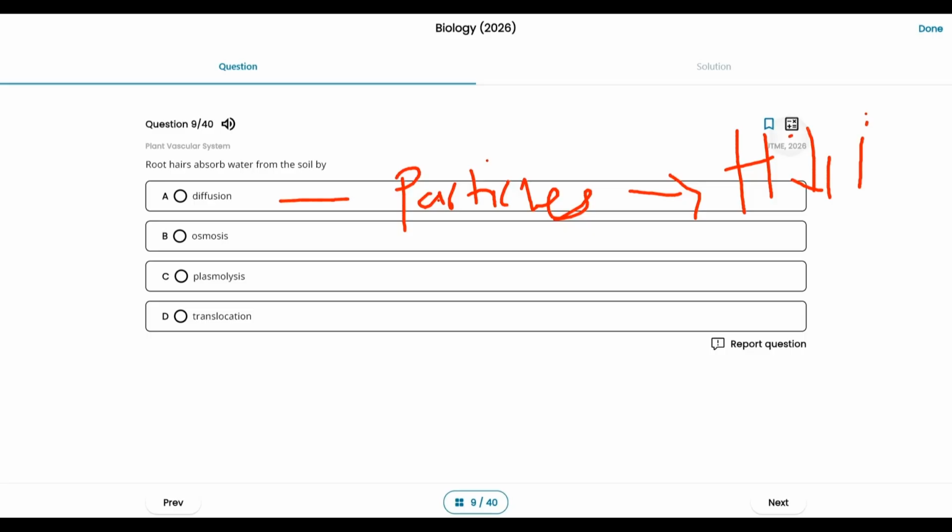From a region of higher concentration to lower concentration.